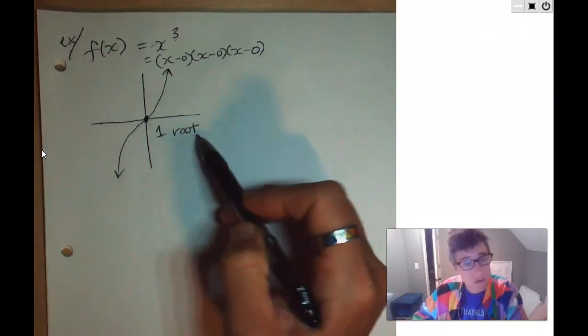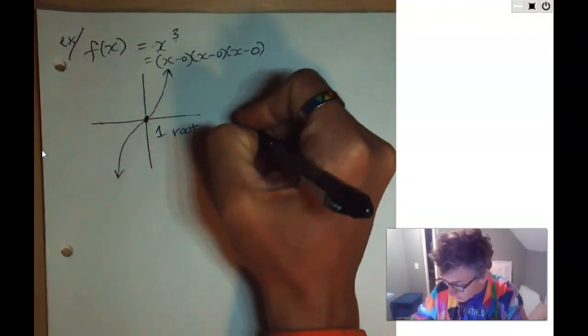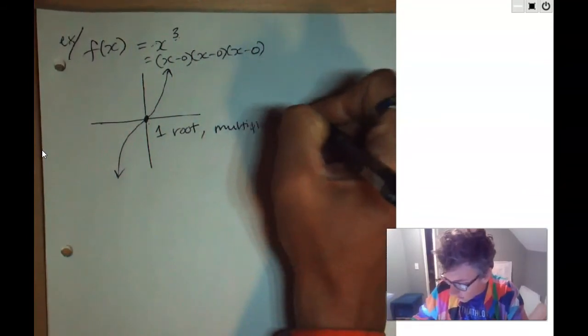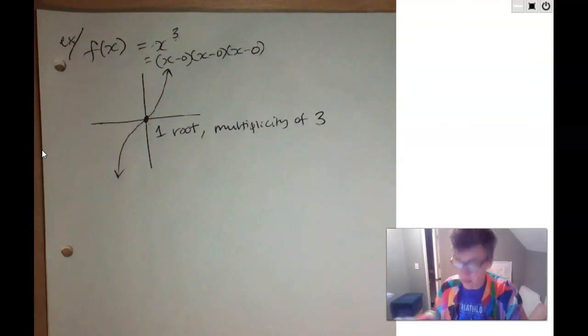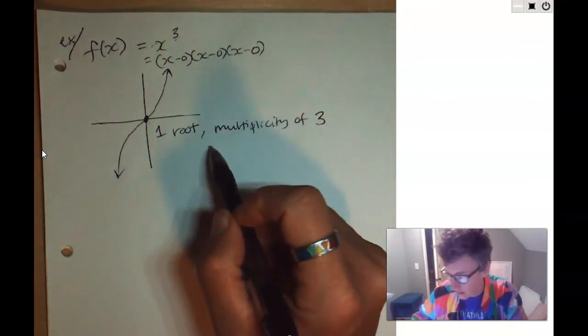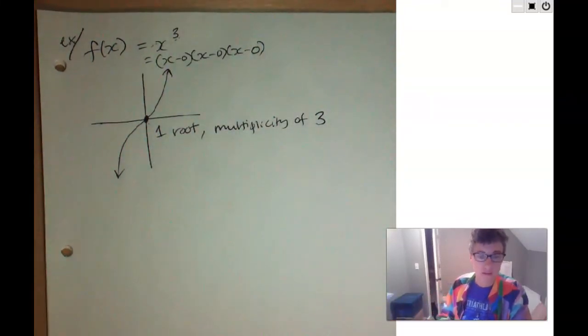So this one root has a multiplicity. It shows up 3 times, a multiplicity of 3. So that's where our 3 roots come from to match up with our degree 3 polynomial.